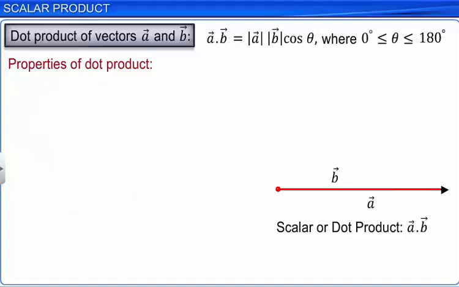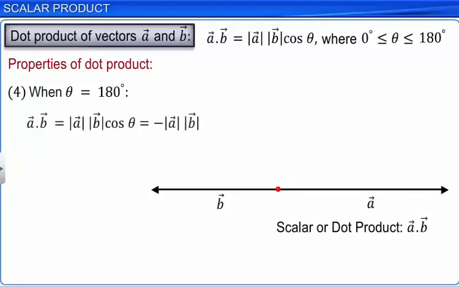When vectors A and B act along the same line in opposite directions, the angle theta between them is 180 degrees. In this case, the dot product of vectors A and B is equal to minus times the product of their magnitudes.